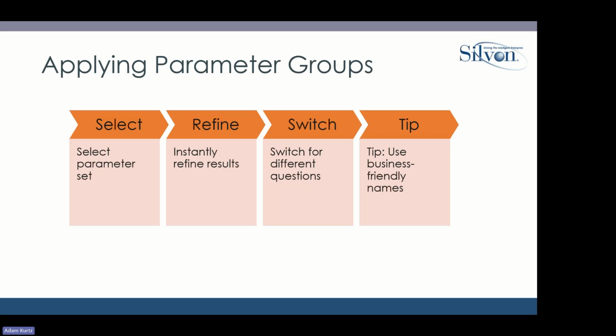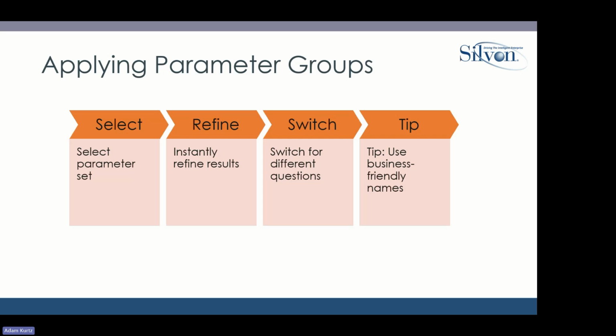You can also re-prompt yourself. If you want to switch the filter, there's a button, a key icon if you will, within the view that allows you to re-prompt yourself so you can change the filter. When you set these up, this is actually a really good tip: stick to business user friendly names so that the folks out there know what you're talking about.